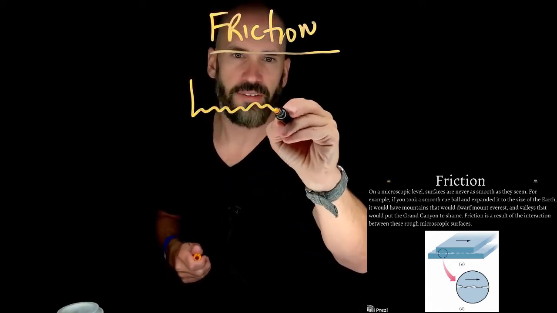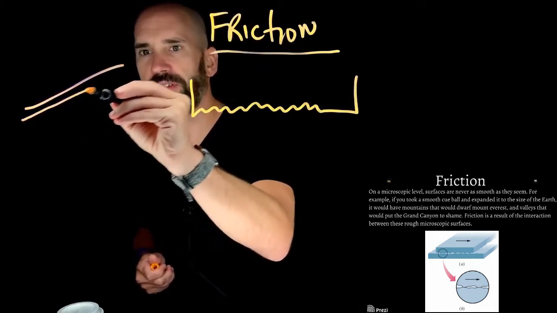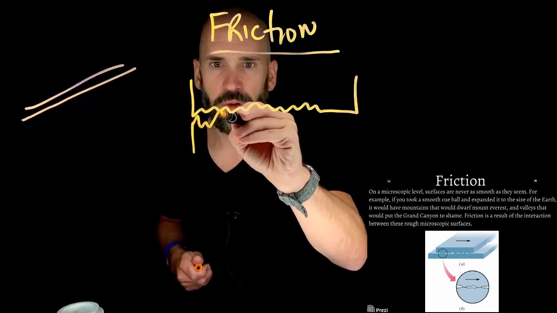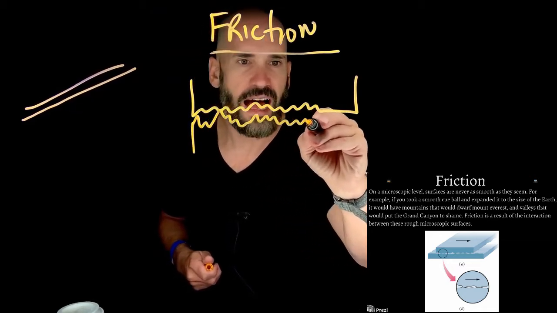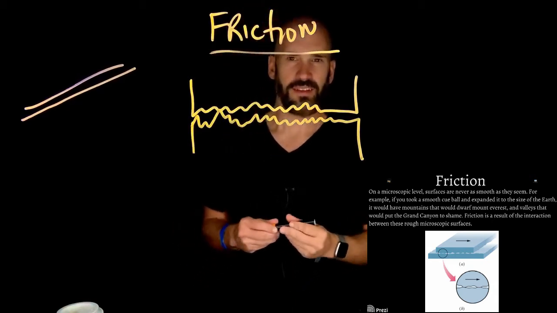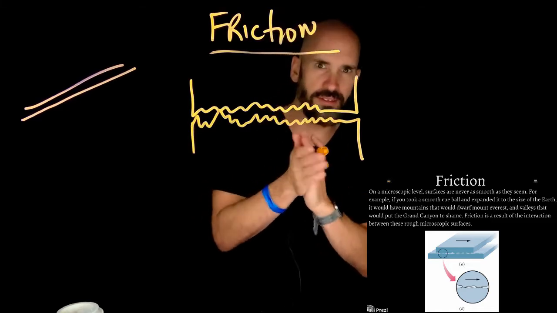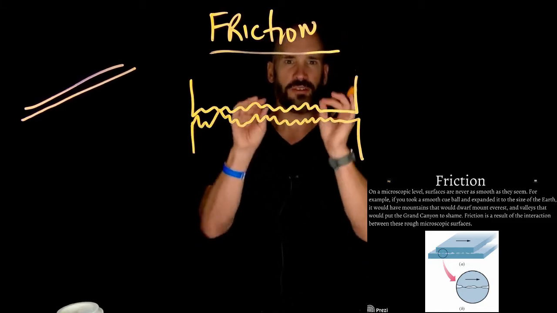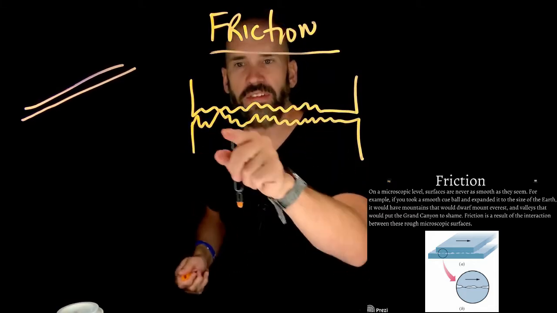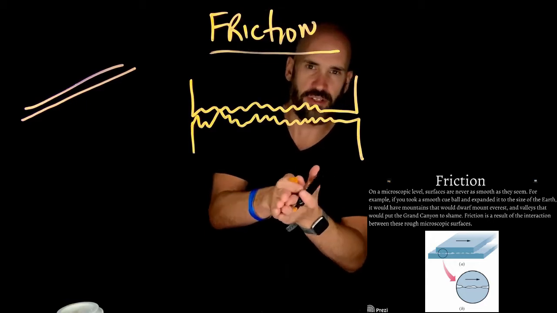If I have two smooth surfaces rubbing against each other and I zoom in, the surfaces are not smooth. This smoothness of my hands rubbing together is an illusion, because when you get right down to it, there is all this going on. So there are all these little mini normal forces when these surfaces are colliding with each other.